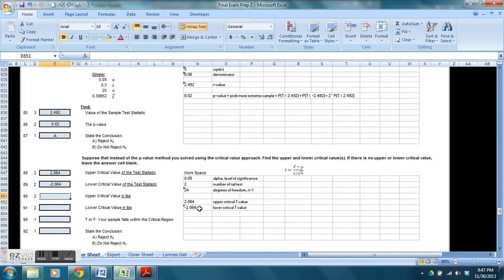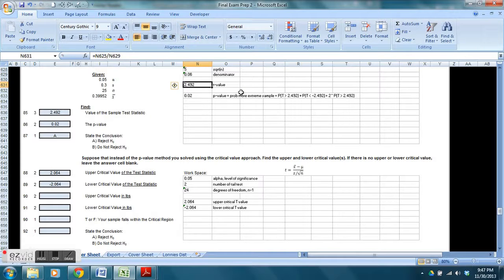And now we say, oh, if our test statistic from the sample is greater than this upper critical value, then it's in the critical region. Or if it's lower than our lower critical value, then it's in the critical region. And in that case, we reject the null hypothesis. So we go back up and we calculate what our sample t-value is, and it's 2.492.